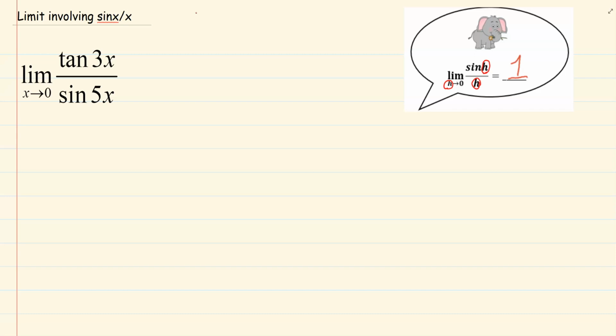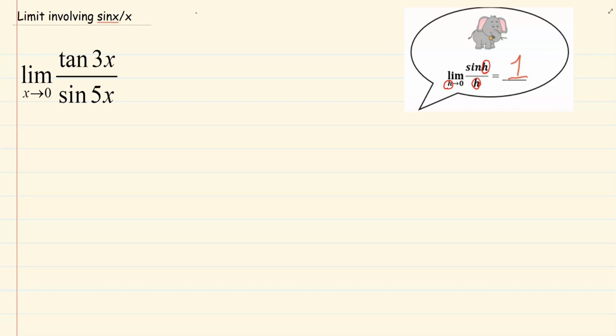Now, when you're looking at this, you're like, well, but I have tangent, and it's tangent of 3x. Well, how are we going to deal with that? We know tangent is sine over cosine, right?